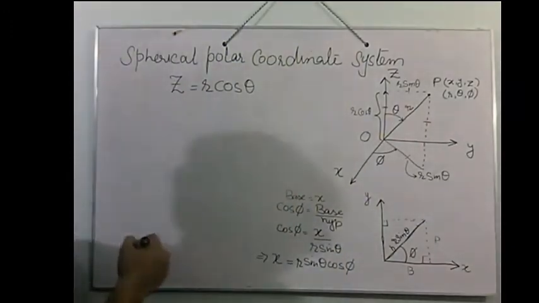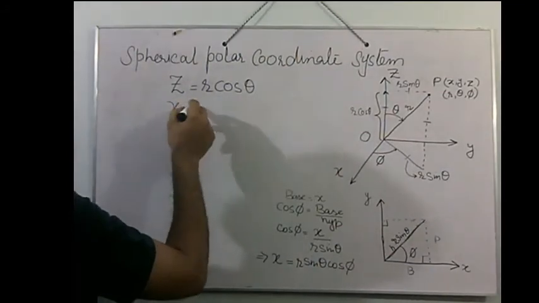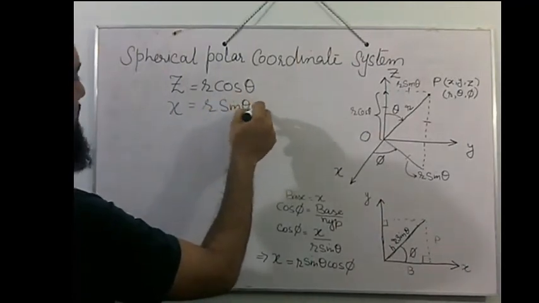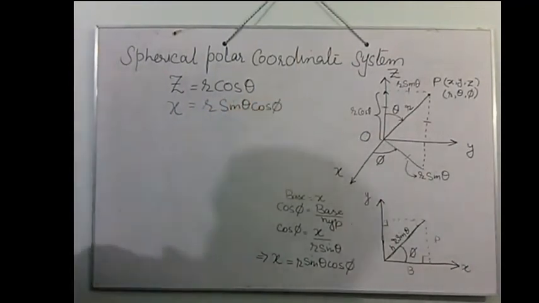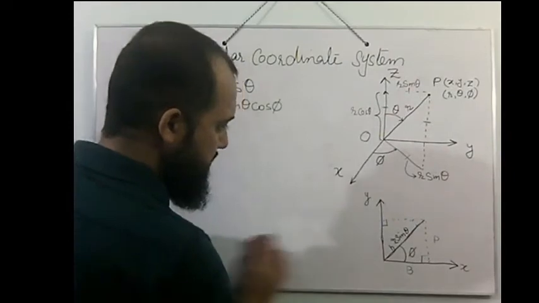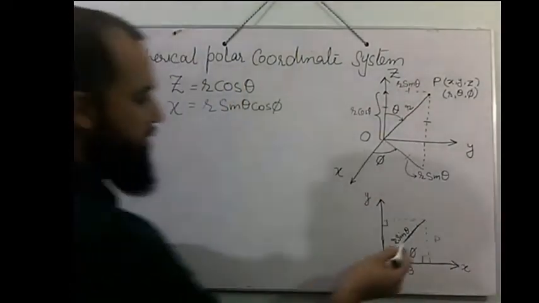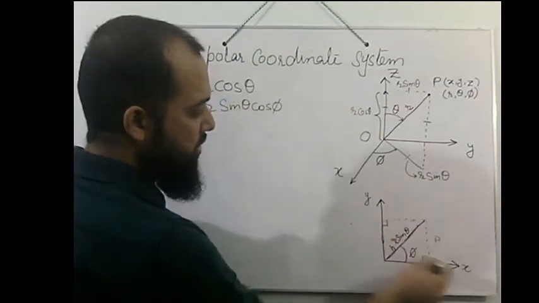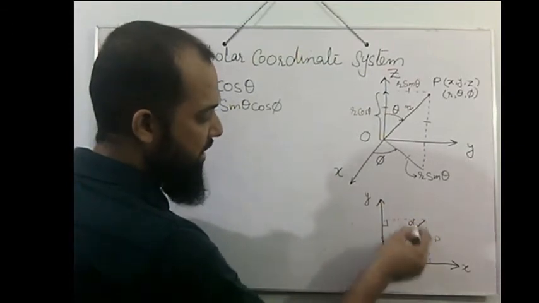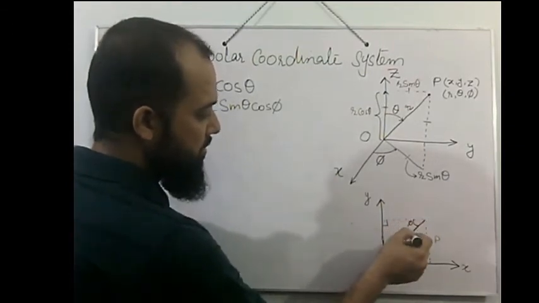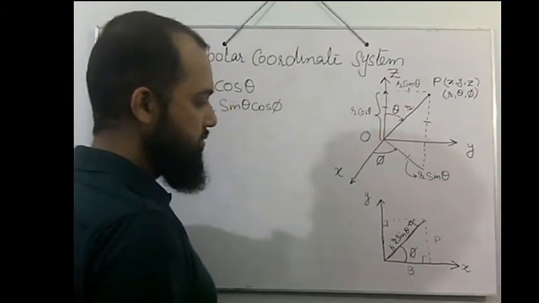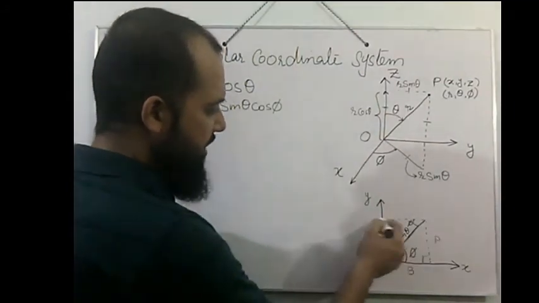So we have z is equal to r cos theta. We have x in terms of spherical polar coordinates as r sin theta cos phi. Now to find the y coordinate, this is theta. Since these two lines are parallel and this one intersects both, if this is phi, this is also phi. Both angles are the same because they are two parallel lines and this line intersects both. So in this triangle, this is the hypotenuse, this is the base, and this is the perpendicular, which is y.